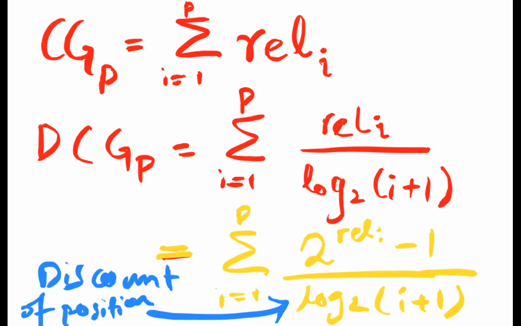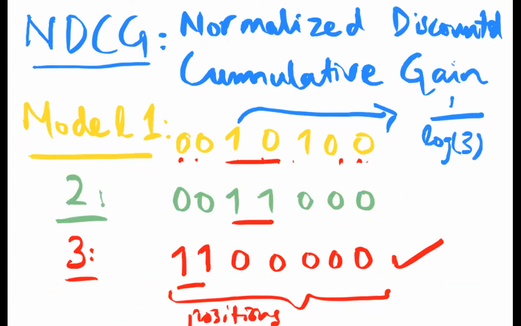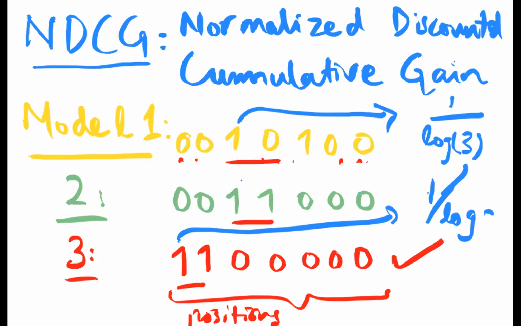For example, for position number 3, you would have 1 over log of 3, and here for this one also the same, but for this one you would have 1 over log of 2, sorry, log of 1.